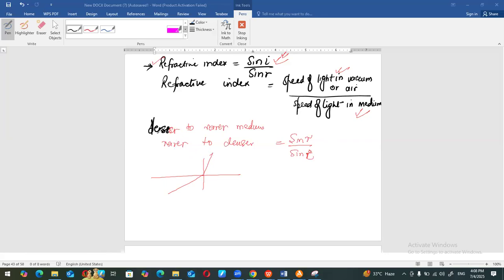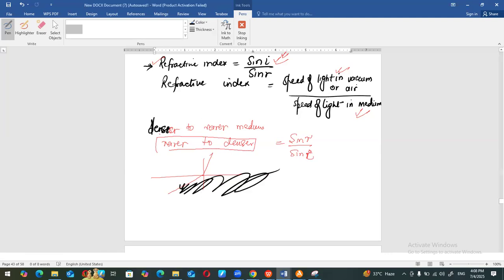So the important thing is, this formula will be applicable when light goes from air to any medium. Remember that. But if light goes from any medium to the air, you can simply use sine r upon sine i. That is the reverse formula. Okay, so that is what the point is.